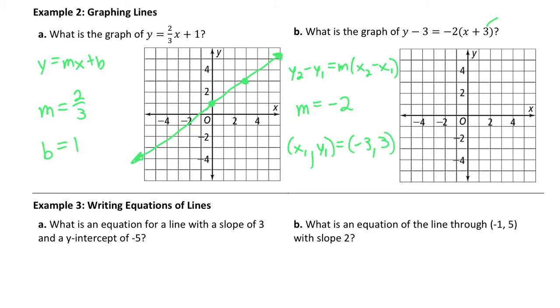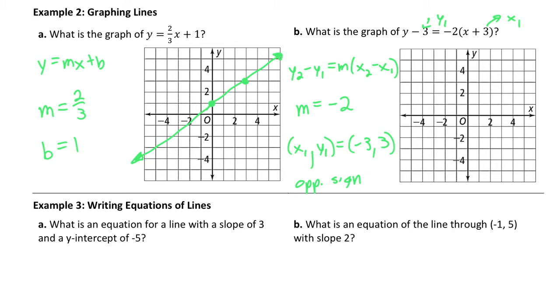So this +3 gives us x1. This -3 gives us y1. So when we're thinking about point-slope form, for the point, it's the opposite sign. So that's one thing to keep track of, and we'll get practice with that.